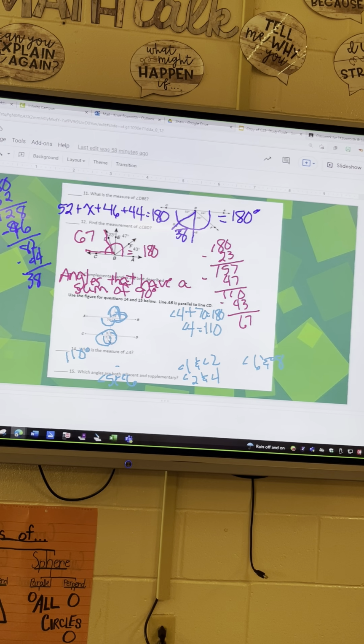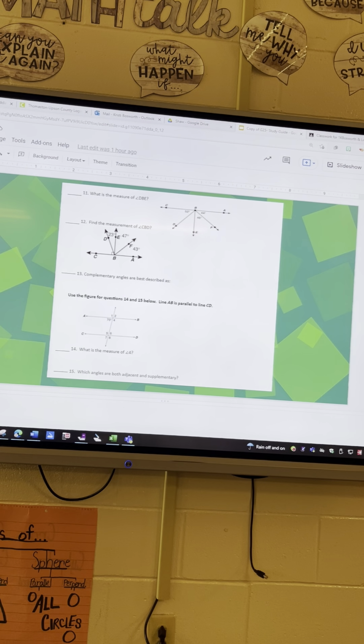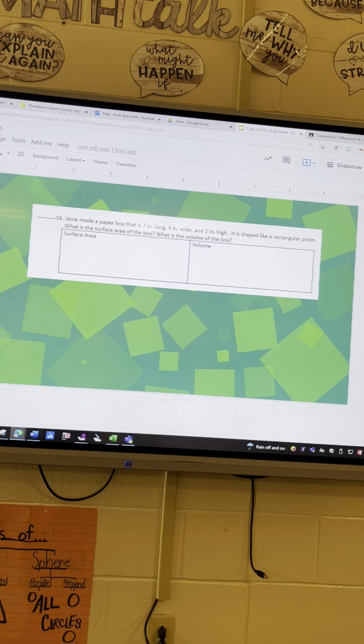Last one. Jamie made a paper box that is 7 inches long, 4 inches wide and 2 inches high. It is shaped like a rectangular prism. What is the surface area? Okay?